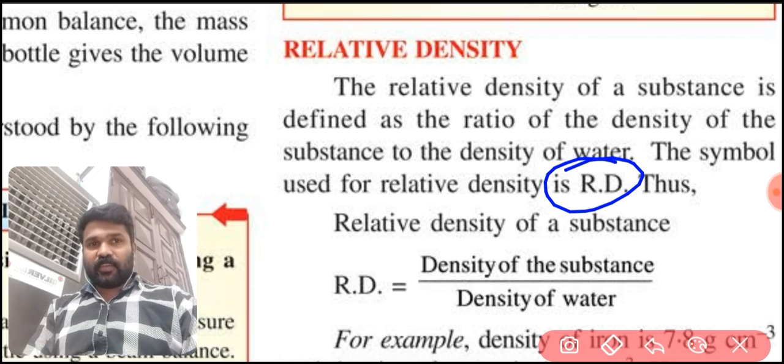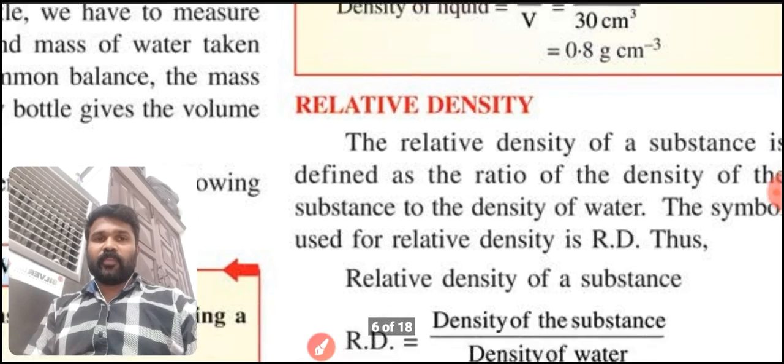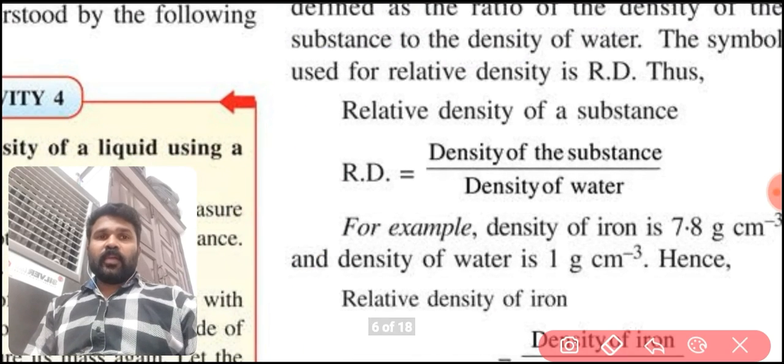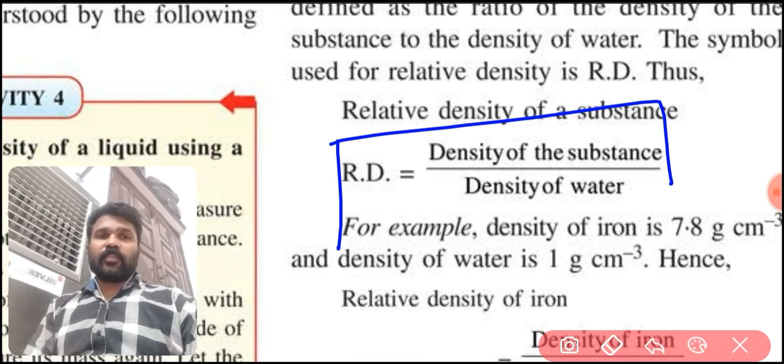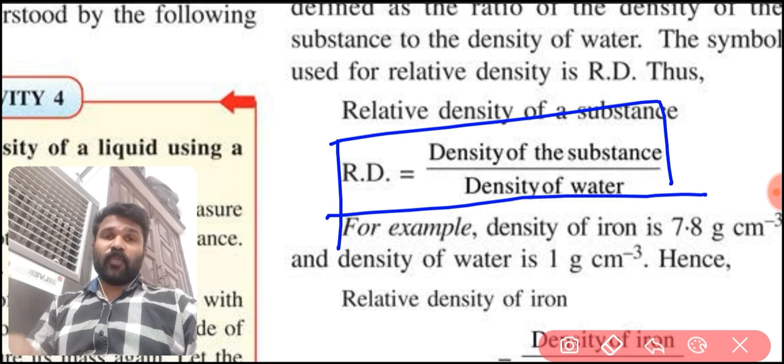Thus, relative density of a substance, RD, is density of a substance upon density of water. Density of a substance divided by density of water.